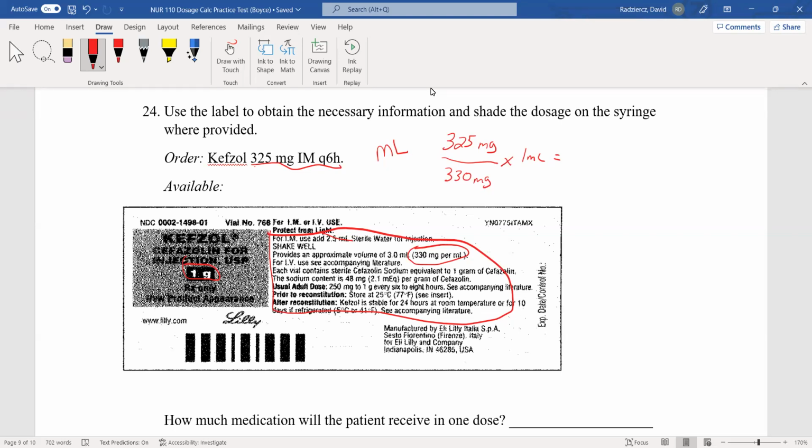Depending on your rounding rules and, more importantly, the type of syringe you're dealing with, you would round this to 0.98. There's a 484848, but since that number is 4, which is less than 5, we're not going to round that up. So your answer would be 0.98 milliliters.